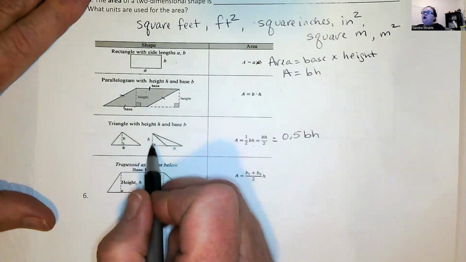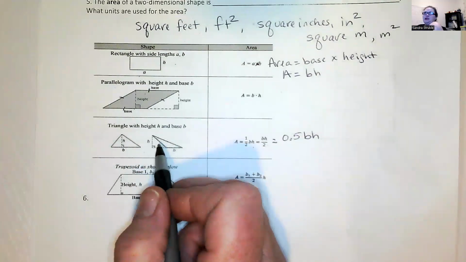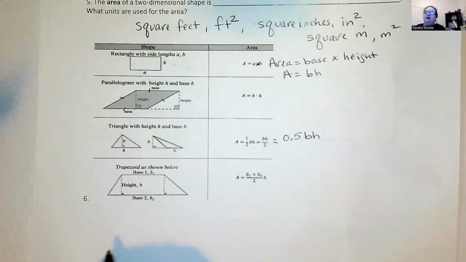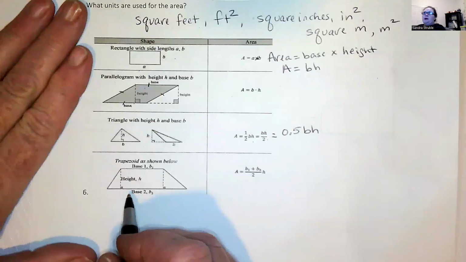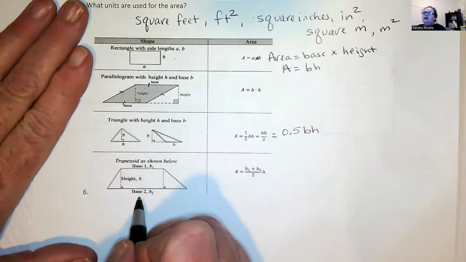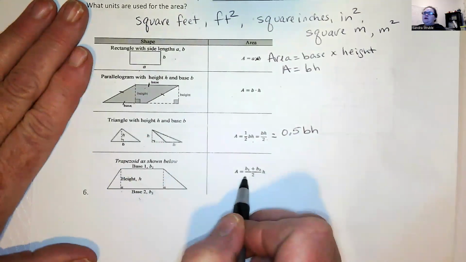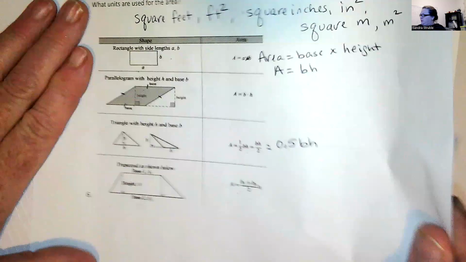These dotted lines are not part of the shape. They're just showing you what the height actually is, okay? And then the last one we have down here is a trapezoid. A trapezoid has two bases, base 1 and base 2, and then it has the height. All right, that's all you need to calculate the area for a trapezoid, okay?